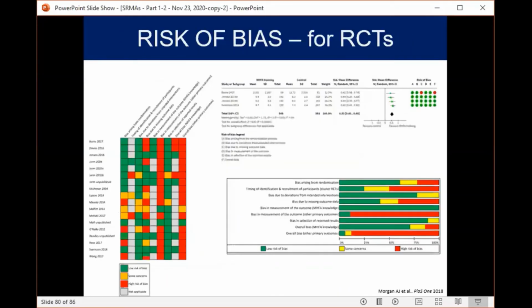Here is an example of how risk of bias assessments can be reported in SRMAs, where if you see a lot of red, this means that there are a lot of studies with a high risk of bias in certain domains. This is important to review, and note that if there are a lot of studies rated as having a high risk of bias, this should be stated as a limitation and bring caution to the interpretation of the conclusions due to low quality of the data.